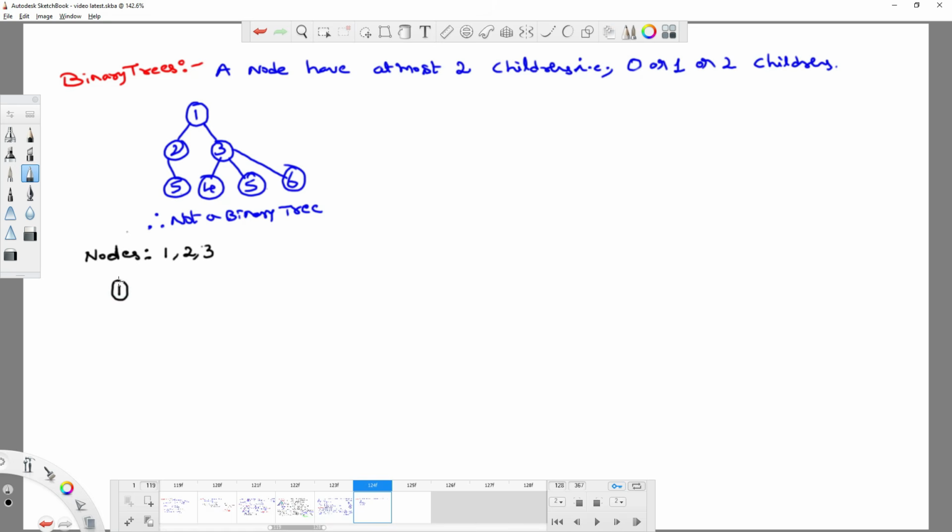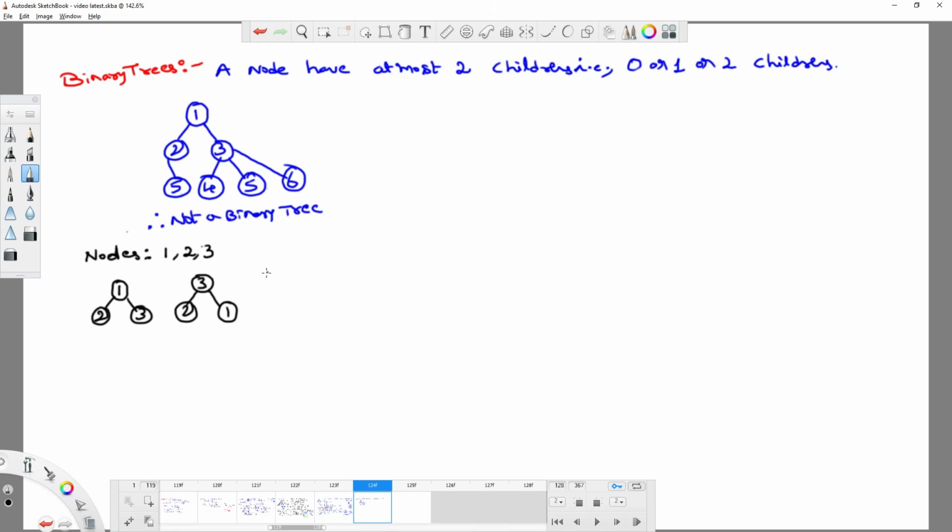Can I say I am able to form a tree with only one node as 1? Is it possible? Yes or no? One node itself is a tree. Can I do something like this, 1, 2, 3? Or 3, 2, 1?